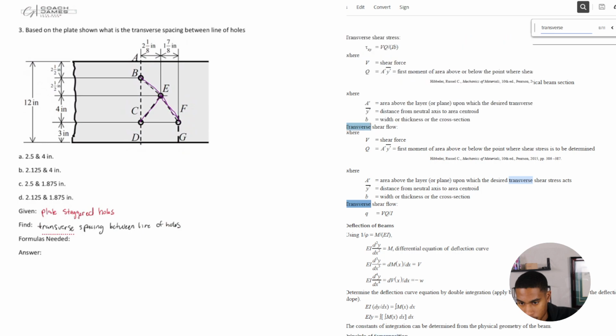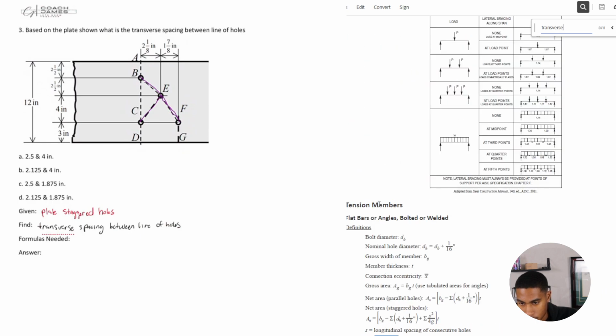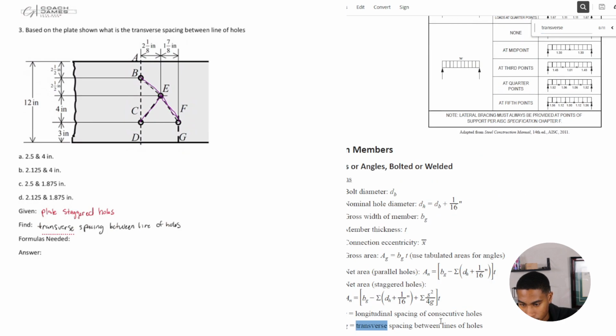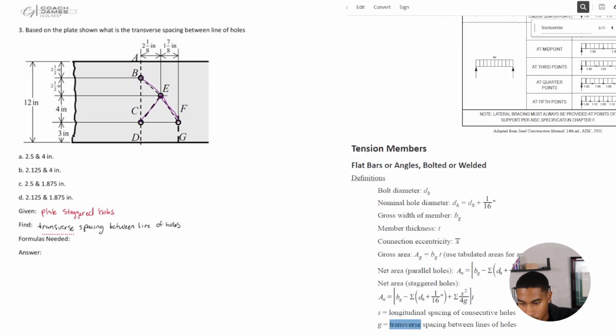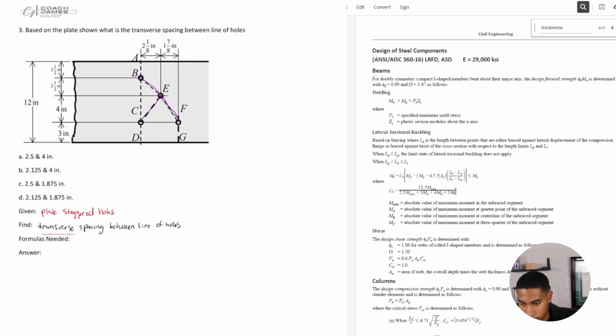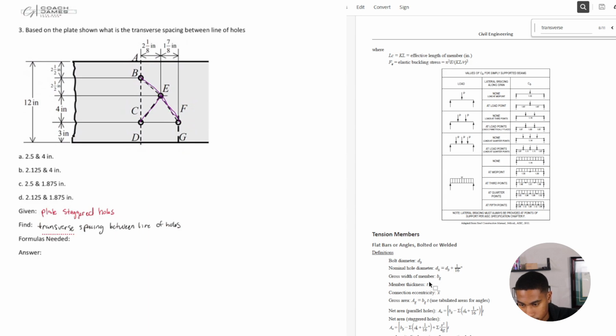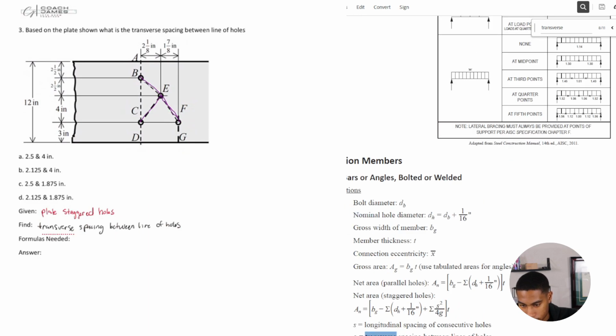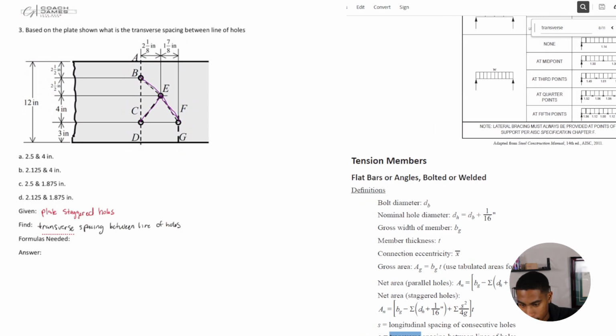So we need it to be in the civil engineering section, but also in the section where we're looking at design of steel. And we're looking at spacing: transverse spacing between line of holes.